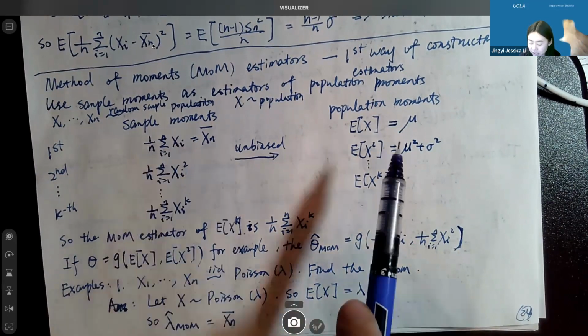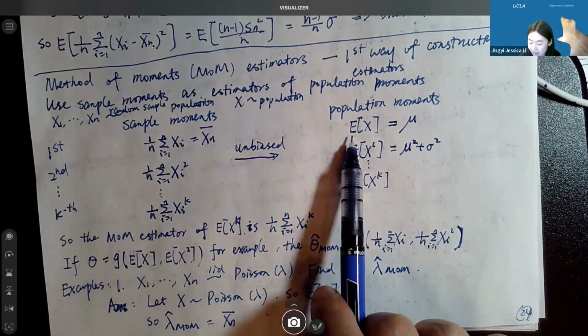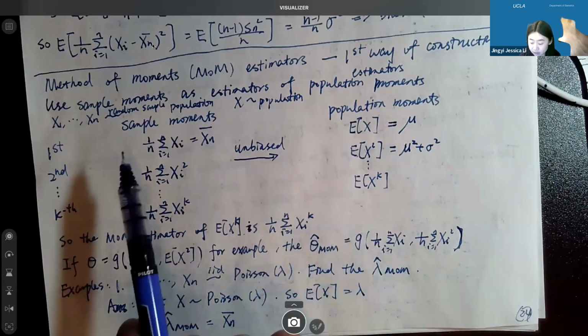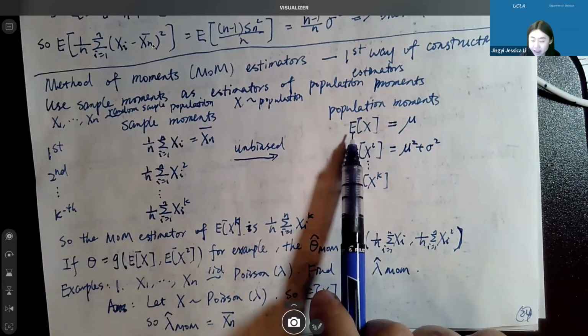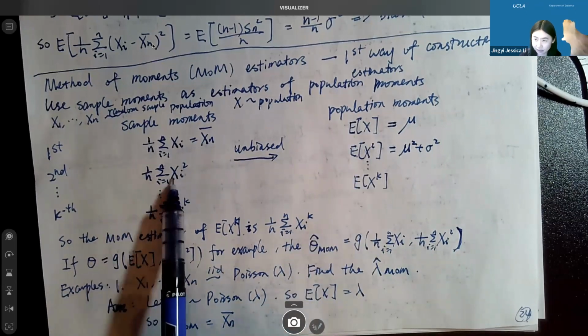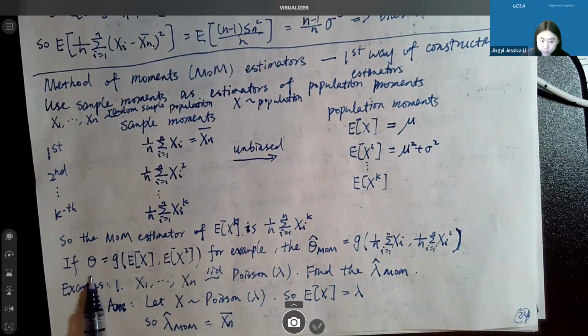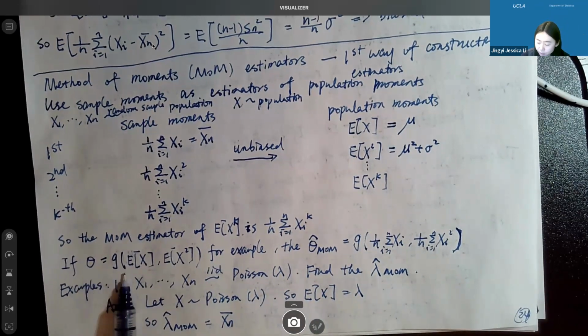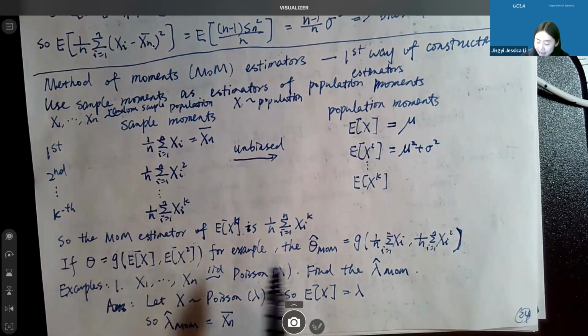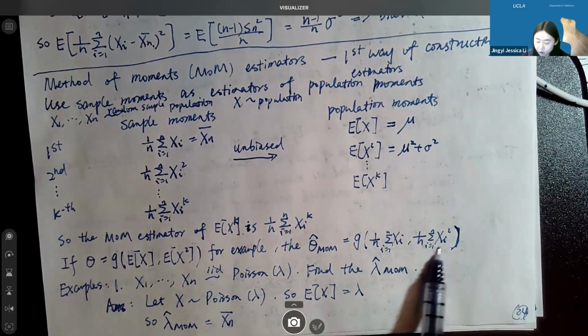So that's why you see this average of X_i. It's just an estimator for the expectation of X. And the average of X_i to the power k is an estimator for the expectation of X^k. So we have that correspondence. And therefore, if you can express a parameter as a function of population moments, then the estimator is the same function applied to the corresponding sample moments.